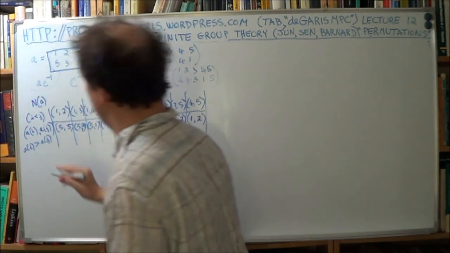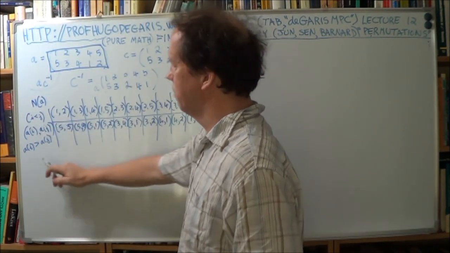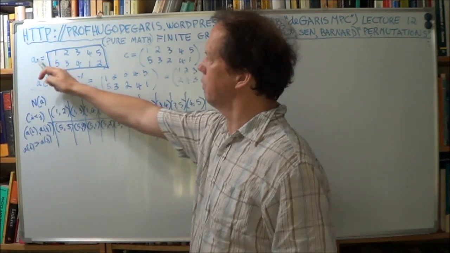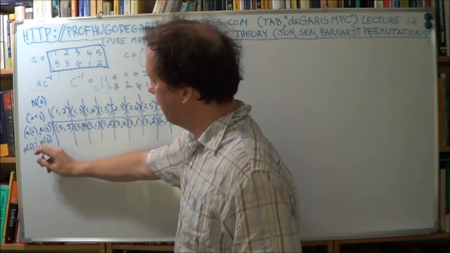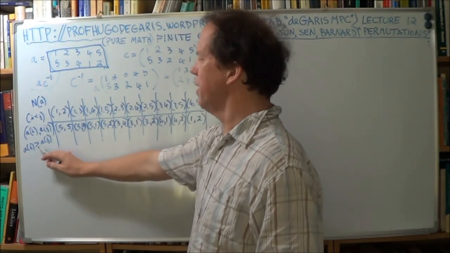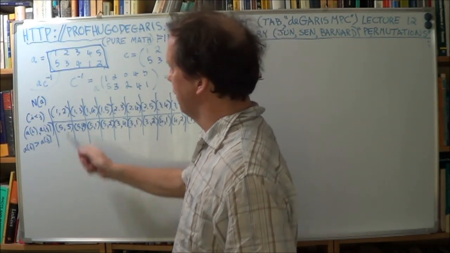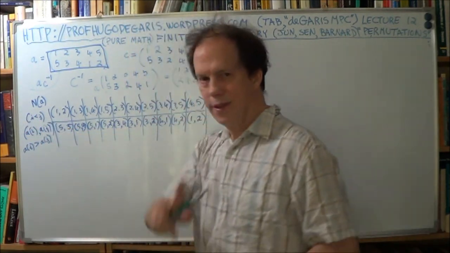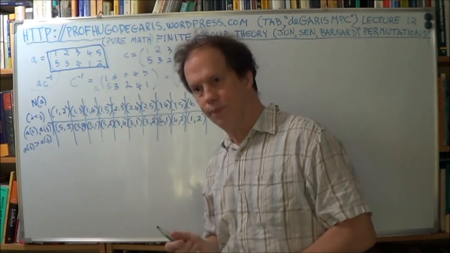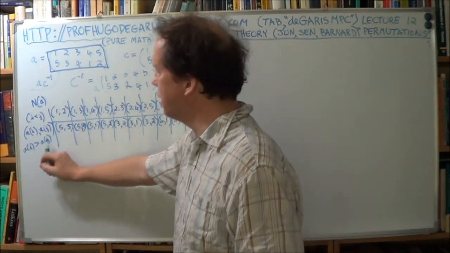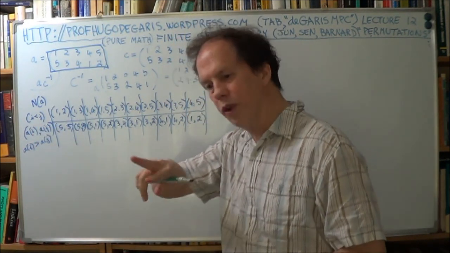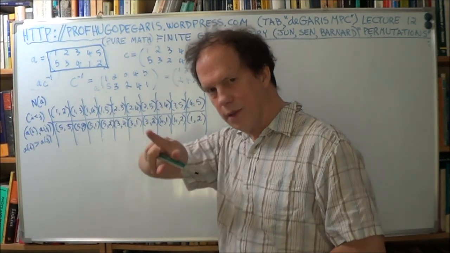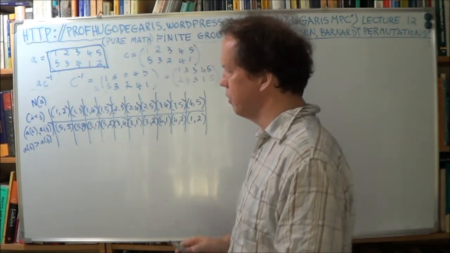See, i is less than j, but after you permute with this permutation A, if A of i is greater than A of j, that ij pair is said to be reversed, because this is larger than that now, rather than smaller the way it was before. The ordering has now been reversed, so it's called a reversed pair.